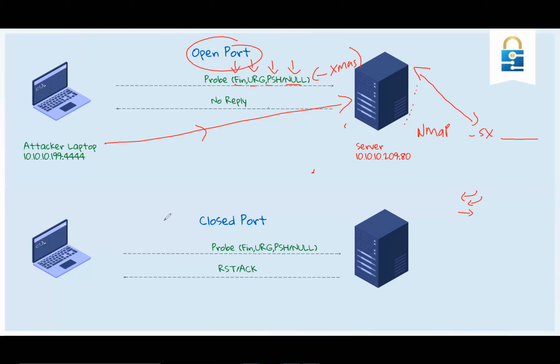Okay, and let's now take a look at what the closed port is going to look like. So in this example, if we probe with a SYN request, with all these flags set in the Christmas tree scan, and we get a reset or an acknowledgement that comes back to us from that host, it's a good solid indication that that port is either filtered or closed.